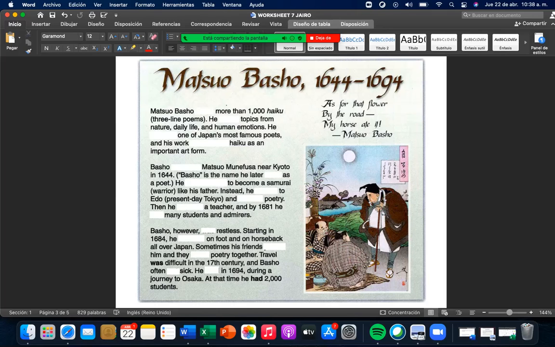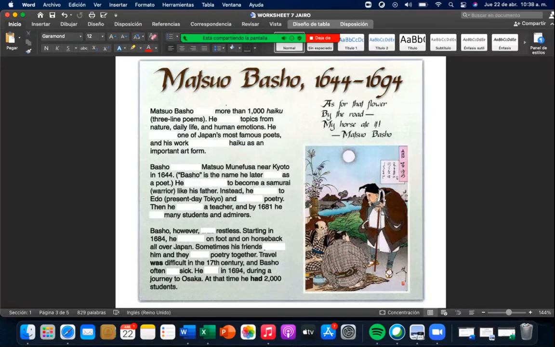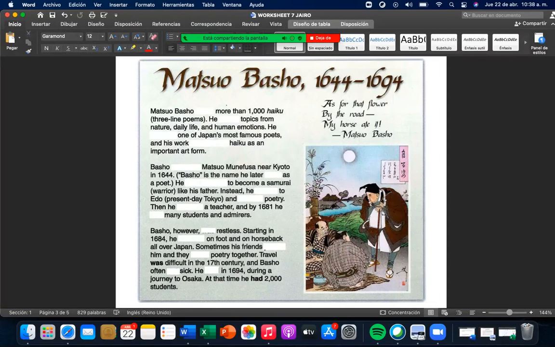Matsuo Basho wrote more than 1,000 haiku, 3-line poems. He chose topics from nature, daily life, and human emotions. He became one of Japan's most famous poets, and his work established haiku as an important art form.